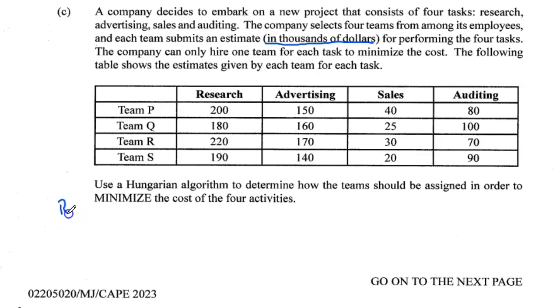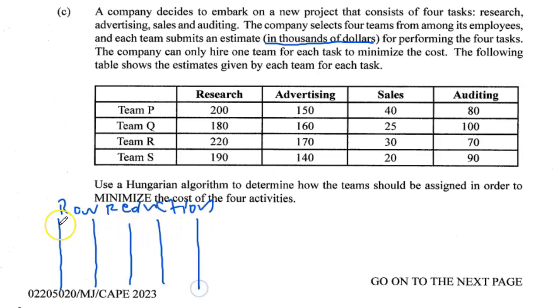So we first need to do row reduction. The first step in the Hungarian algorithm, we're going to reduce each row, and we'll do that by identifying the smallest value in the row and subtracting that value from every other value in the row. So let's create a little table here to do our row reduction.